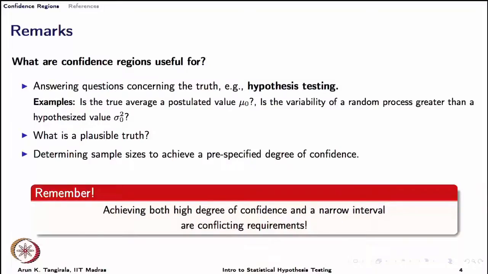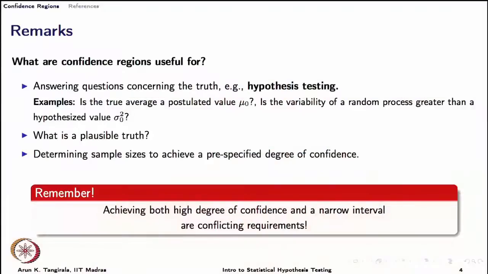And then there are other uses pertaining to the experimental design aspects. For example, for a tolerable error, that is the average error between the truth and the estimate, I can ask how many minimum observations I should collect. That is, what should be the minimum sample size to achieve a certain degree of error in any estimation exercise.